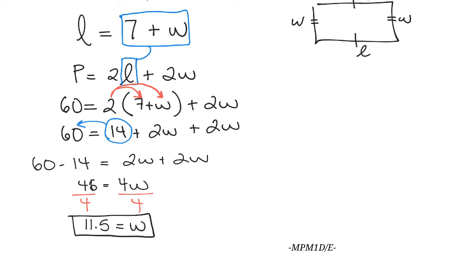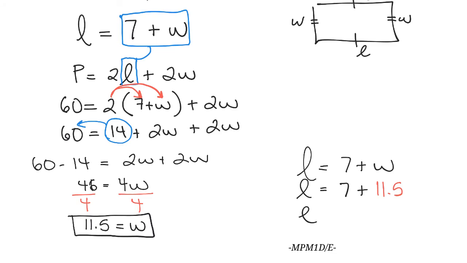So great, we got the width, but remember you also need to find the length. Now, in order to do that, remember we already know that the length is equal to 7 plus W. And we just figured out what W is. W is 11.5. So I'm going to replace the letter W with the number that we just calculated.